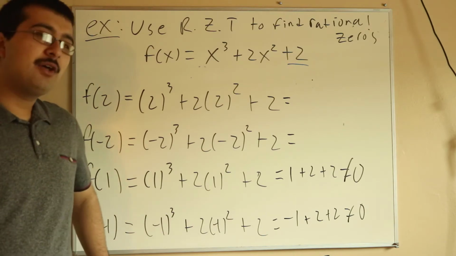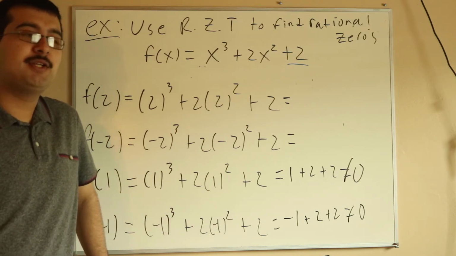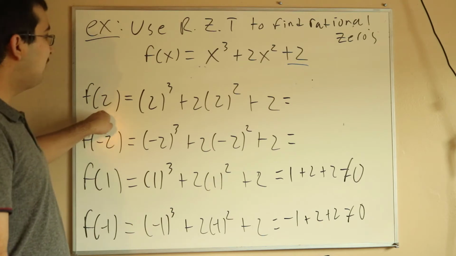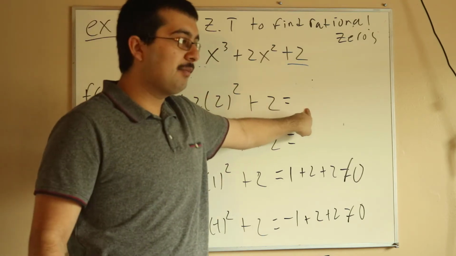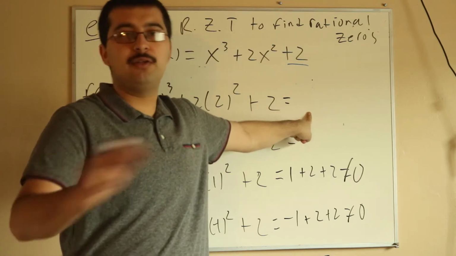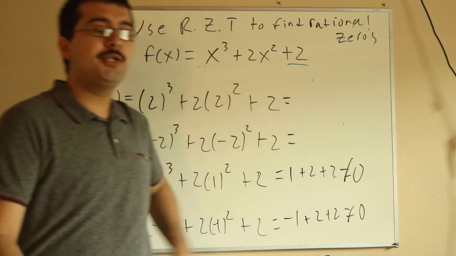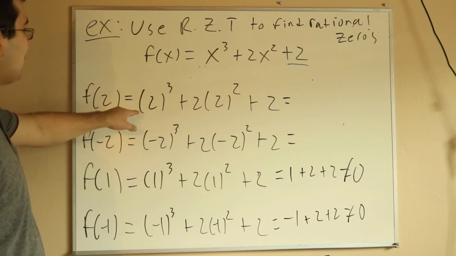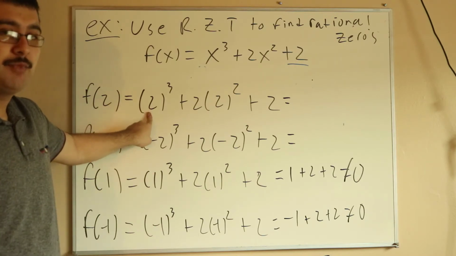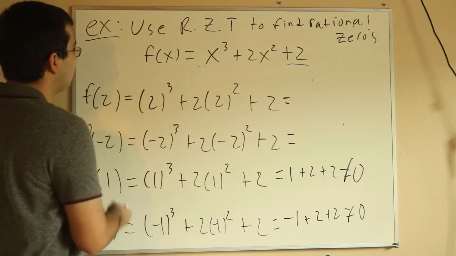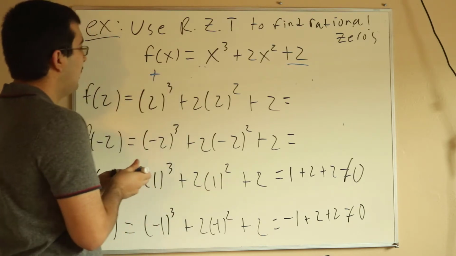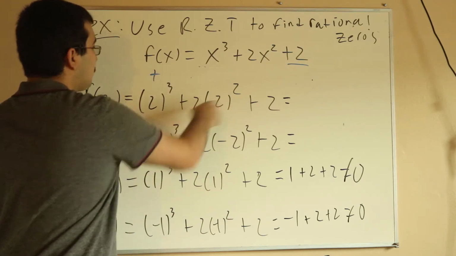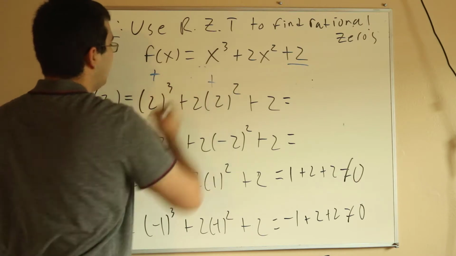So let's keep in mind, though, that all we care about is the question: when I plug 2 into my function, will it equal 0? We don't care what number it actually equals. We just care, does it equal 0 or does it not? Now, just looking at this, I have 2 cubed. That's a positive number. I have 2 times 2 squared. That's another positive number.